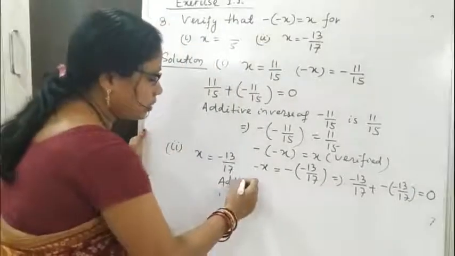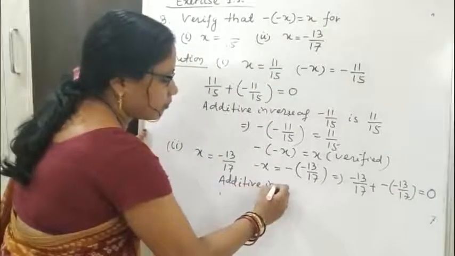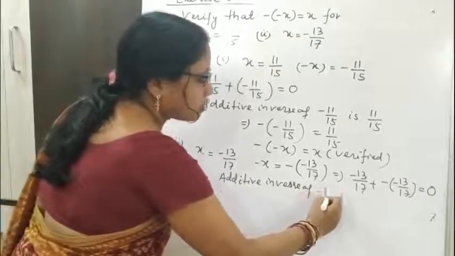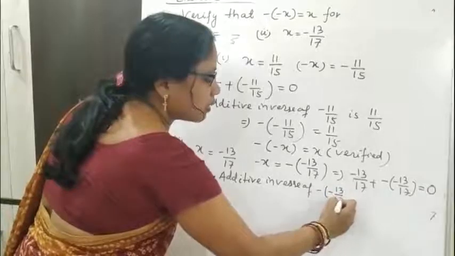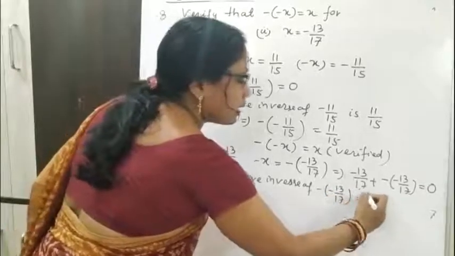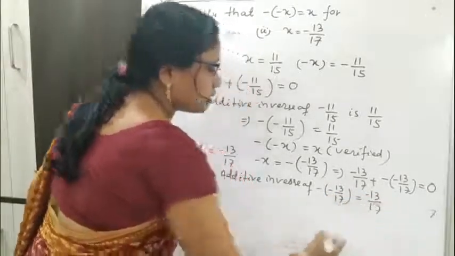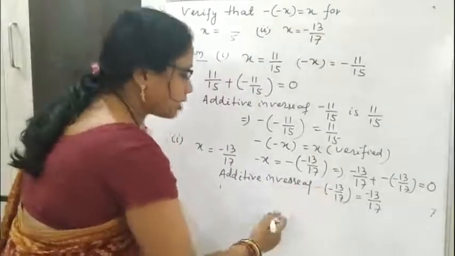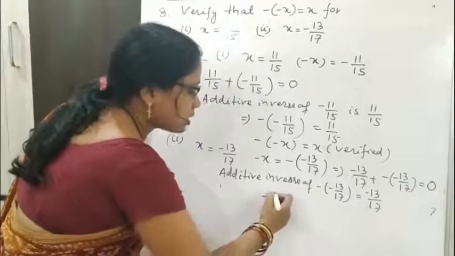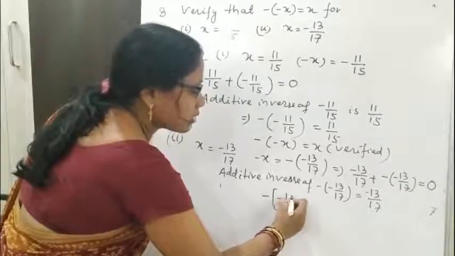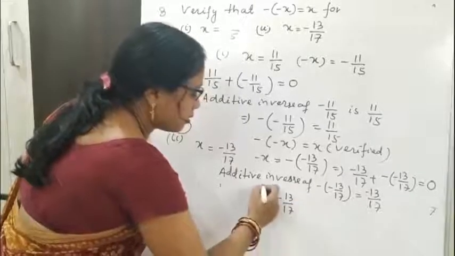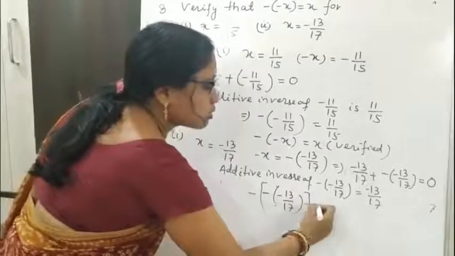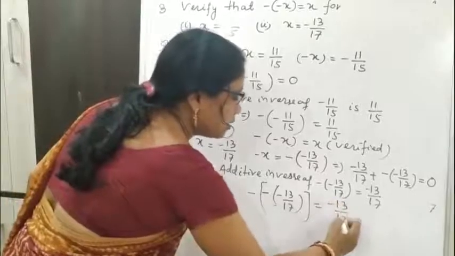So the additive inverse of minus 13 by 17 is minus of minus 13 by 17, and this is equal to 13 by 17.